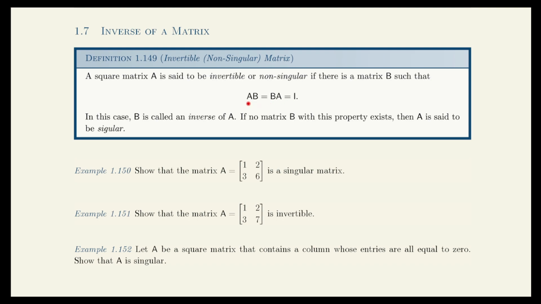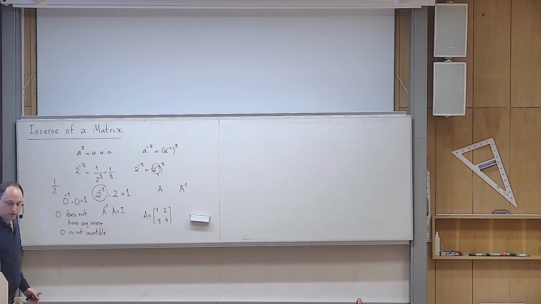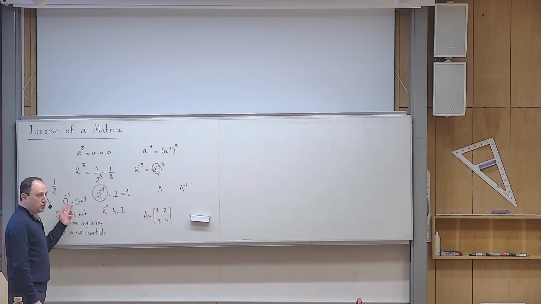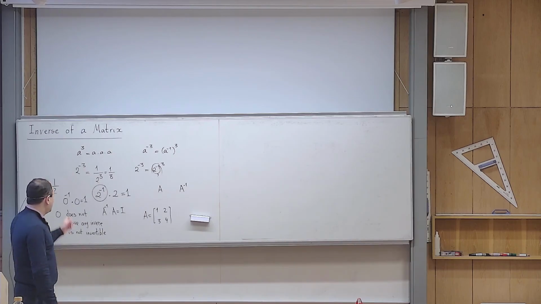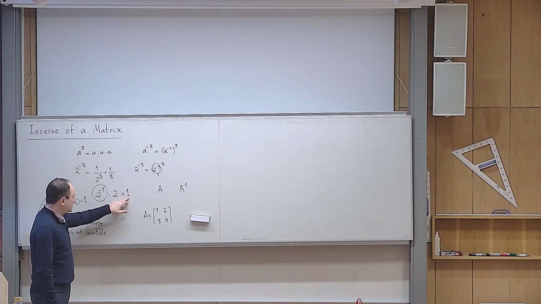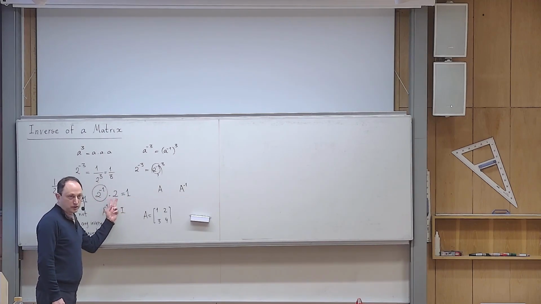Okay, so you have to contain both of them. Yes, because in number algebra you really don't care, because you know that the multiplication between numbers is commutative. So if this works, definitely the other way around also works.